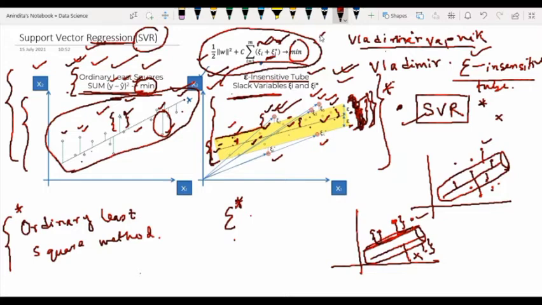So that's why this formula is not as simple as the ordinary least square method. Up to this discussion, now we know what support vector machine is. Support vector machine is a supervised learning mechanism, so definitely support vector regression is also a supervised learning algorithm.